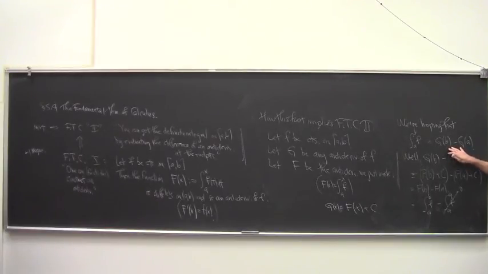Any other antiderivative differs from the area function by a constant. And for the area function, f of b minus f of a is the definite integral from a to b. So the definite integral from a to b equals the difference of any antiderivative at the endpoints.